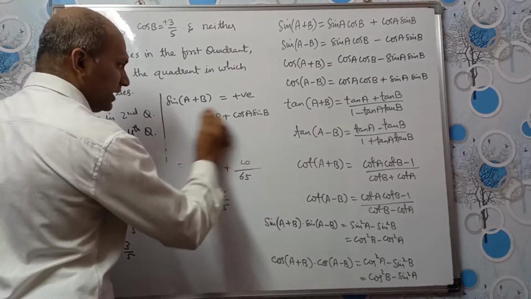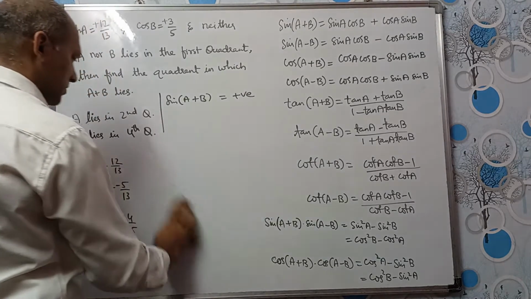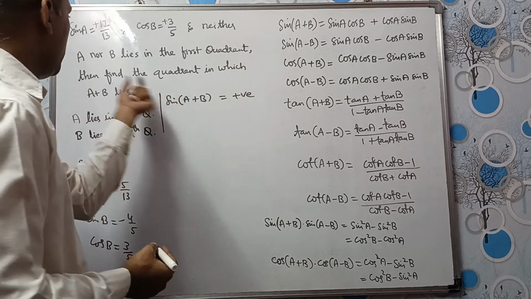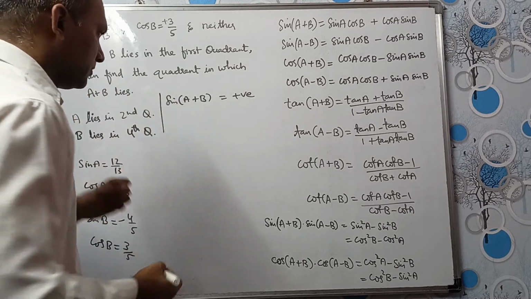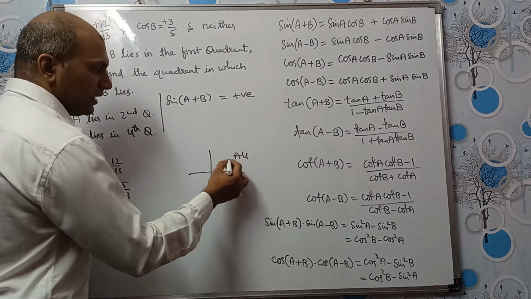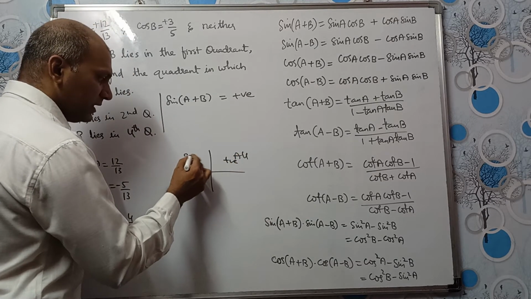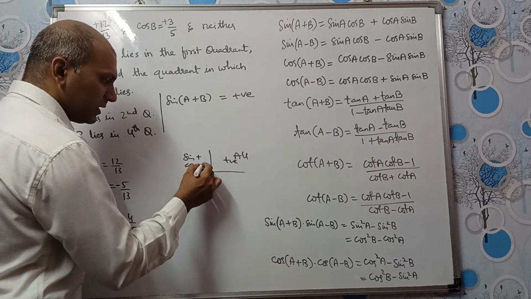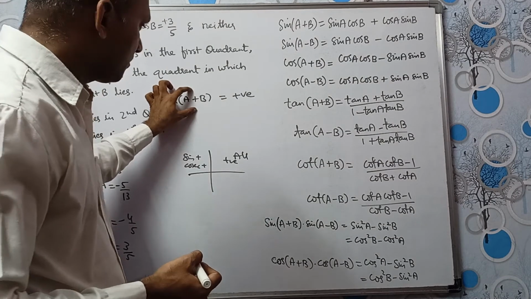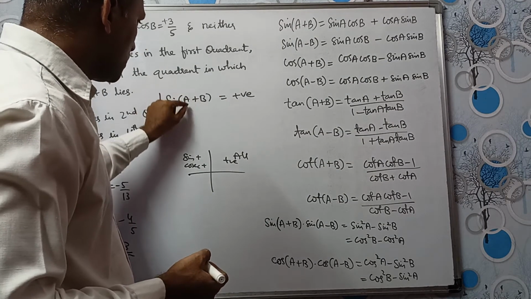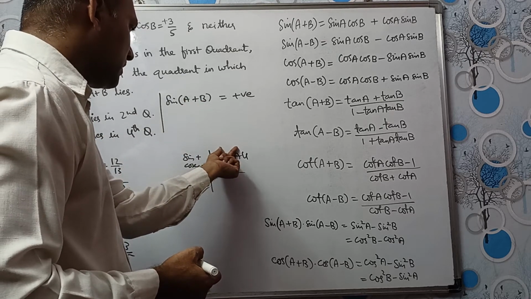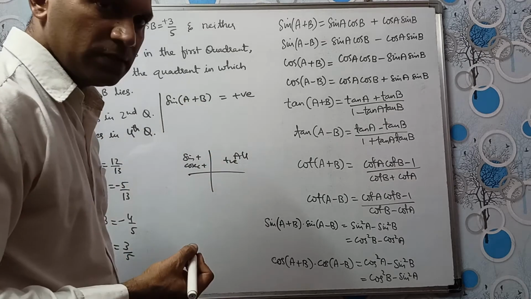Okay. Let us find cos A plus B now. See, we need to find where A plus B is lying. Here everything is positive, here sine is positive and cosecant is positive, right? Now sine is positive. So sine is positive means this A plus B will either lie in the first quadrant or in the second quadrant, right?